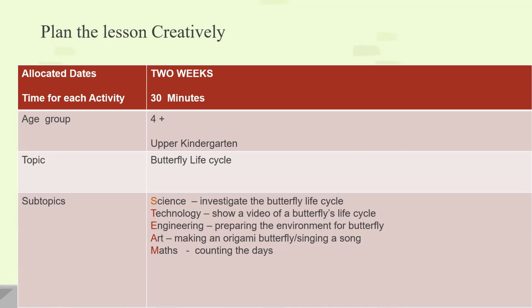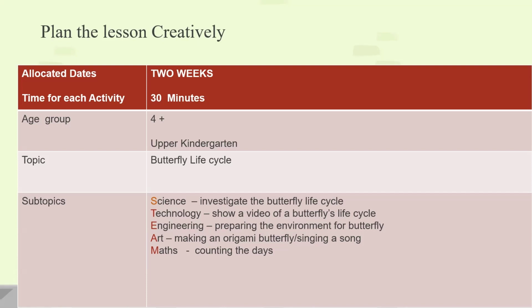Preparing the environment for the butterfly has a little bit of engineering. We have to create a jar for a butterfly to live. So we have to make sure the air goes inside, and we have to keep the jar at the correct temperature. A little bit of engineering is there.